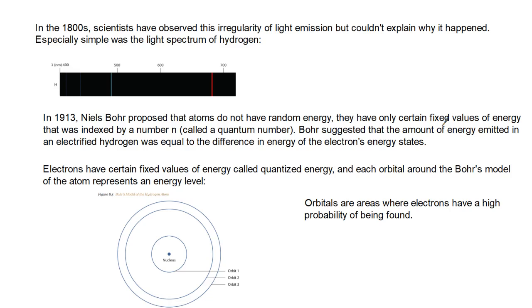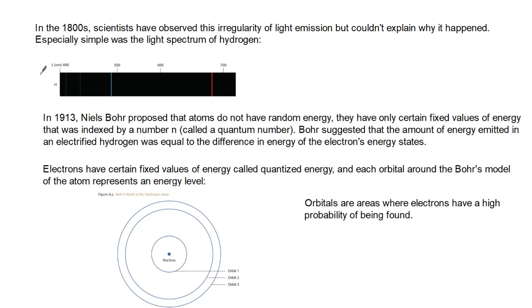When you send an electric signal into it, it moves from a higher energy state to a lower energy state, and it emits a little bit of light from that energy state movement, right?